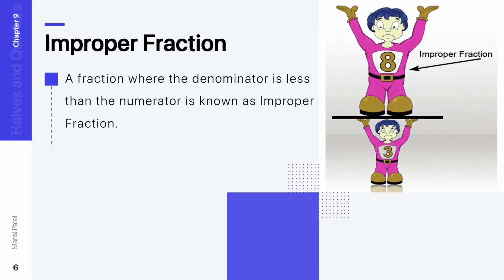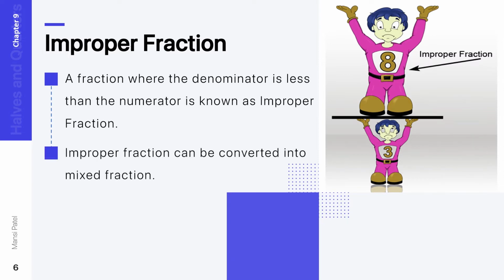So see here, we just write down the reverse: 8 upon 3. Here 8 is bigger than the denominator. So we can say that this 8 upon 3 is known as the improper fraction. An improper fraction can be converted into a mixed fraction.